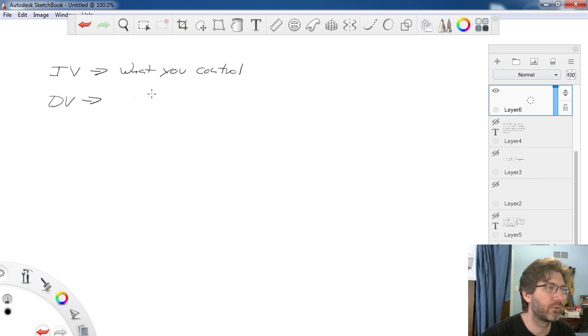Dependent variables: what you measure. As an effect or affect.